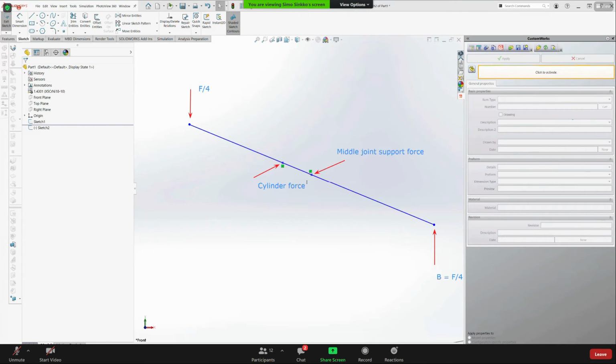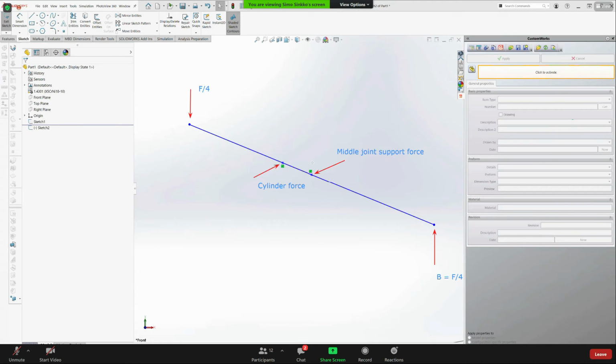Then you are able to calculate the torque, for example, over this point, taking into account all the perpendicular forces we have here, and you are finally able to find out the needed cylinder force C. Does it sound reasonable? Absolutely.